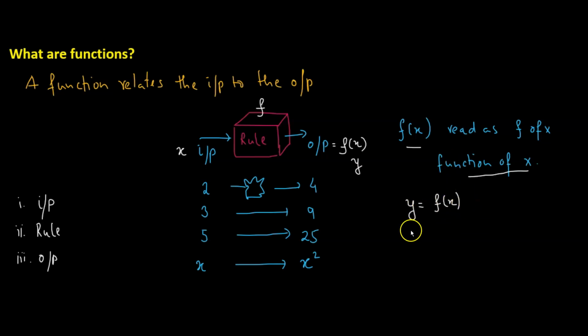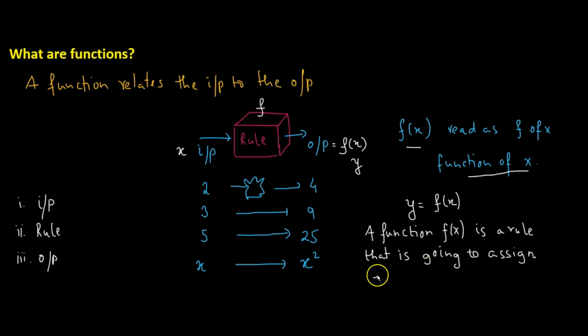So let's now write it down. So we can say a function usually given by f of x or y. So this is a rule that is going to assign exactly one value, we call it y, for each of the input values, that is x.